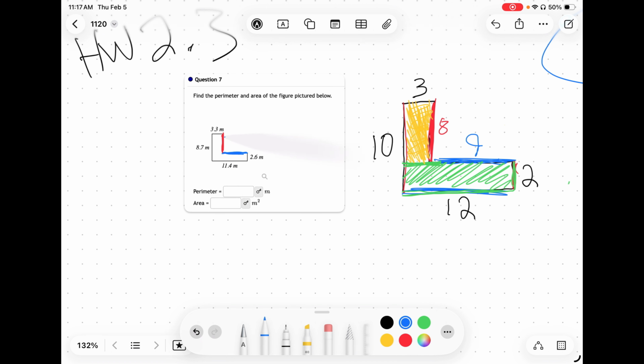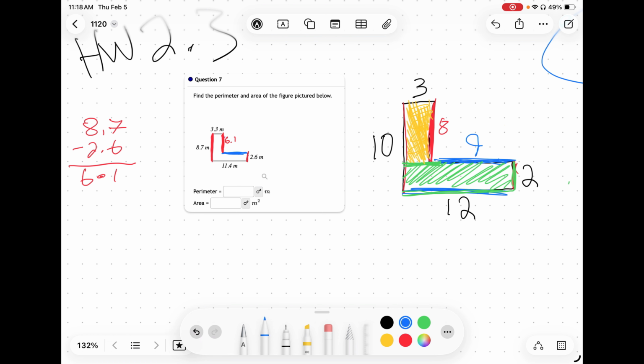To get this red section, I know the entire distance is 8.7, but I need to get rid of this little extra part in there, which I know is 2.6. So I can do 8.7 minus 2.6 over here. 7 minus 6 is 1, 8 minus 2 is 6. So I know my little red section that I wanted to find is 6.1.